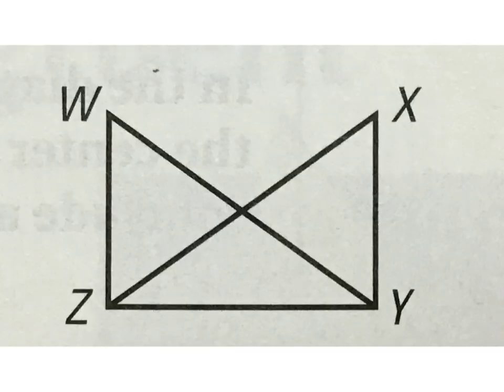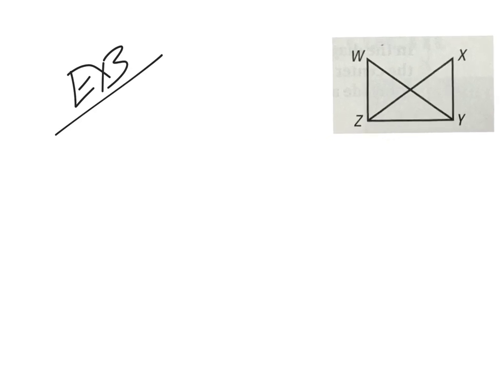All right. Let's look at example 3. All right, so you have this funky diagram, funky shape with two triangles in it, right?